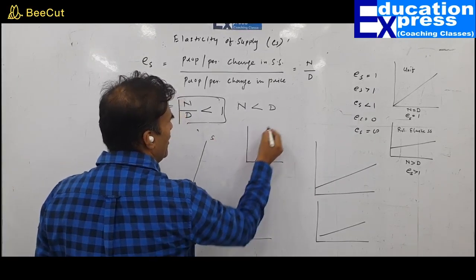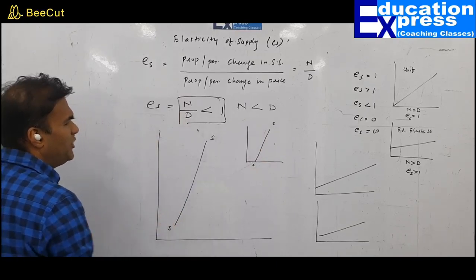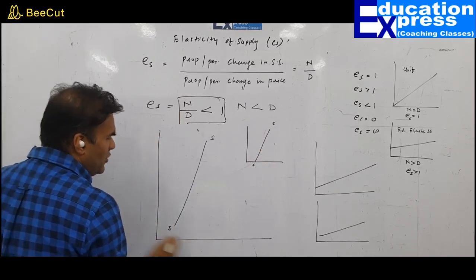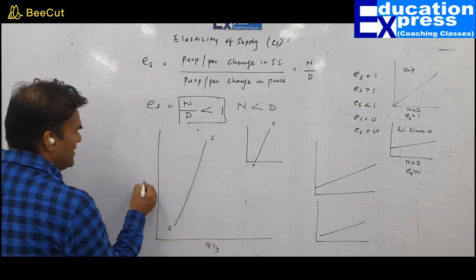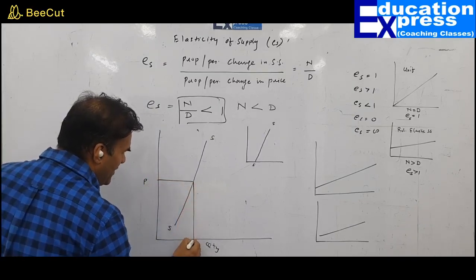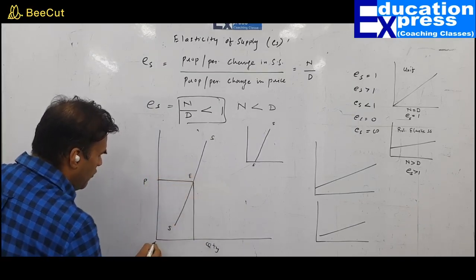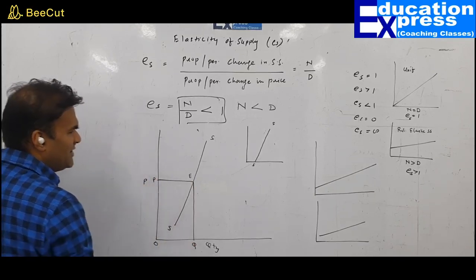That's fine. If I extend this, automatically it's going to touch my x-axis. So this is quantity supplied, whereas this is price. My equilibrium is E, where OP is the price, OQ is the quantity supplied.